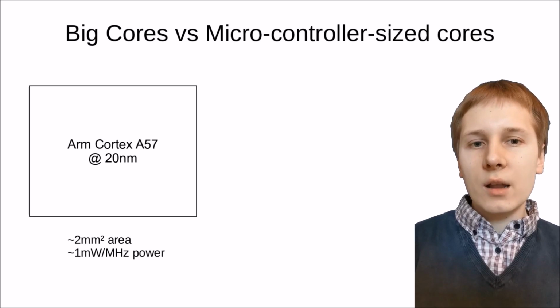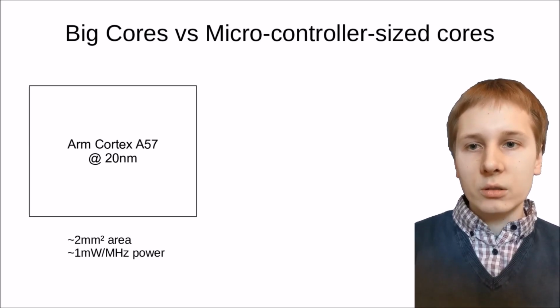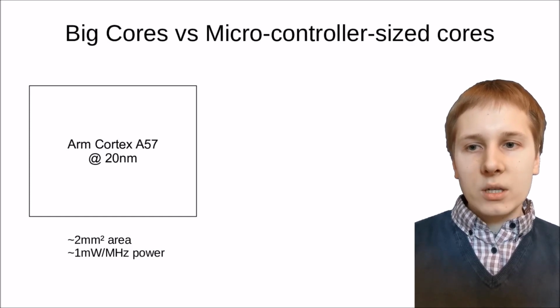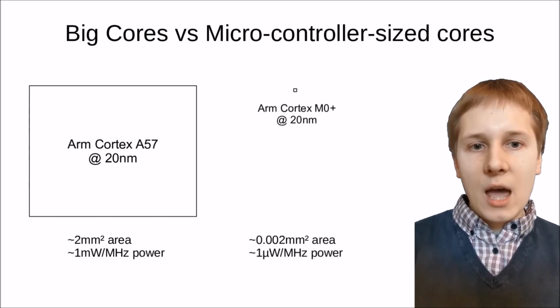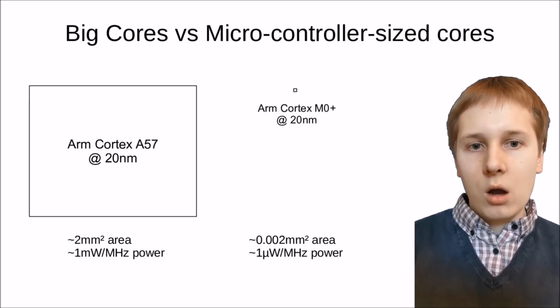The whole reason this technique works, the trick behind the Guardian Council, is that a traditional big core, even a small big core like the Cortex A57, is about 1,000 times bigger and 1,000 times less energy efficient than the tiny microcontroller-sized cores that we use for our Guardian processing elements.